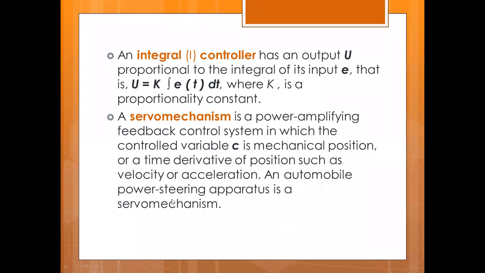So all our automobiles that have a power steering apparatus operate on this servo mechanism system, a power amplifying feedback control. It's amplifying your motion when you try to move the steering wheel. That way, at just a very small movement of the steering wheel, the wheel of your car already moves, shall I say, to a greater extent compared to non-power steering mechanisms.